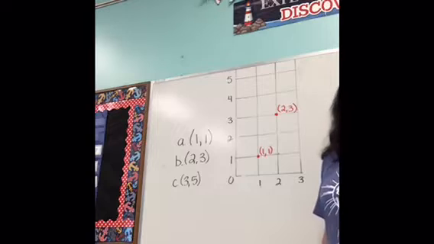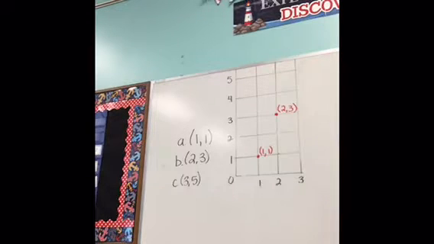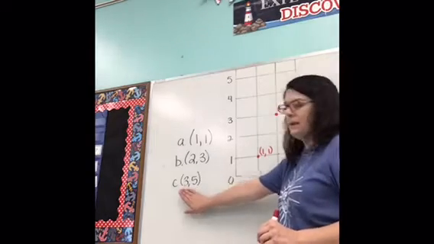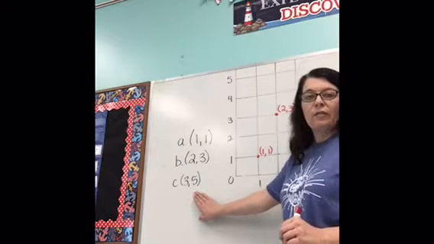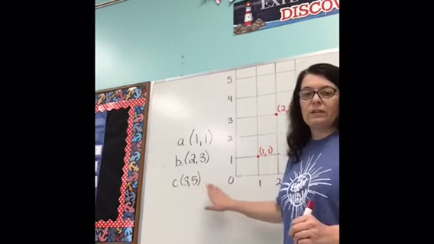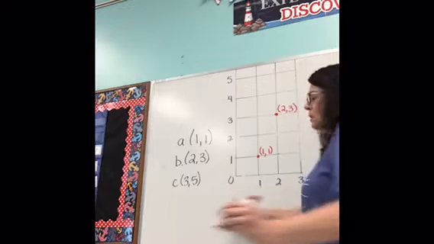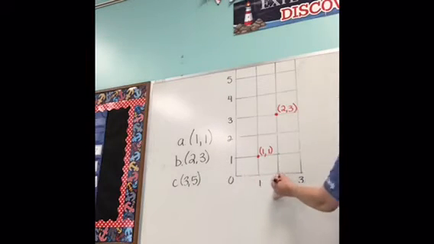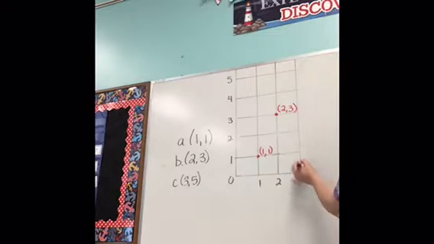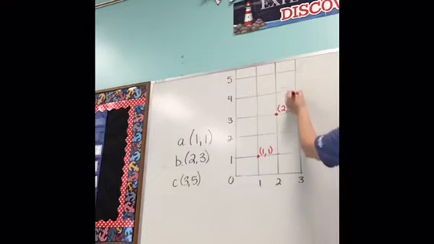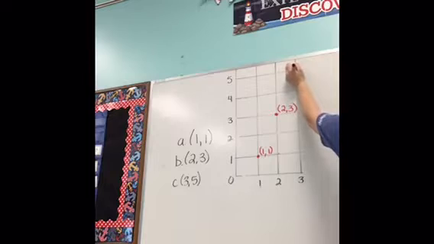Our last point, point C, is going to be 3, 5. 3, 5 starts again at the 0. We're going to go 1, 2, 3 across, and we're going to go 5 up. 1, 2, 3, 4, 5. So it is on the outside of our chart.